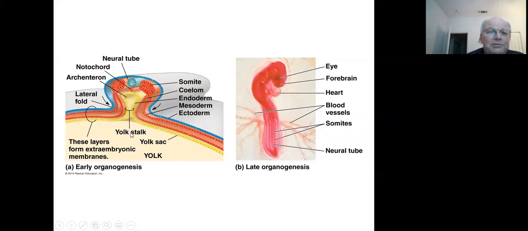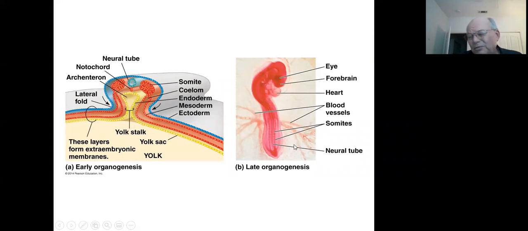So the yolk sac is going to be in contact with the yolk to process the yolk material, but then it forms this stalk that connects into the embryo to mobilize the yolk products to support the developing embryo.